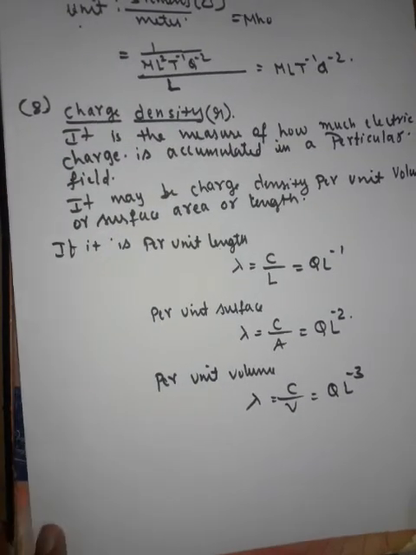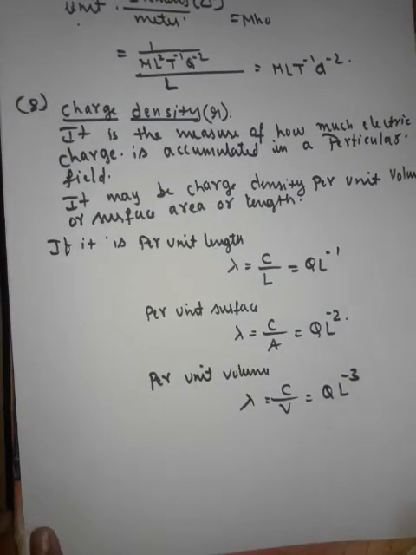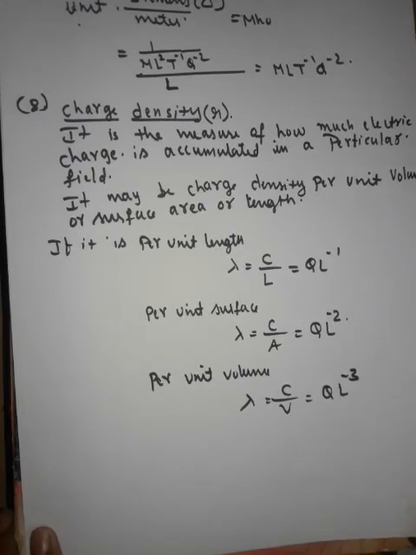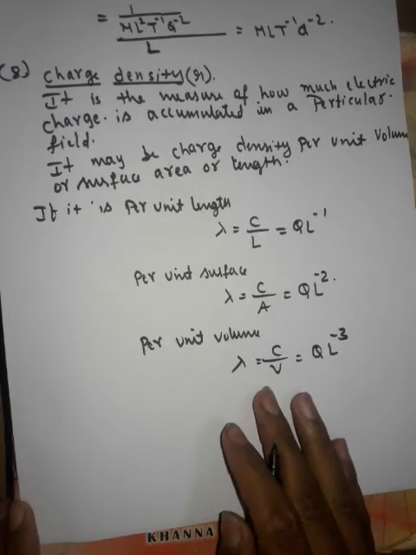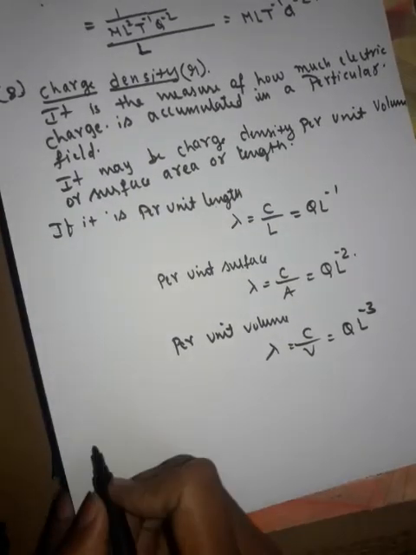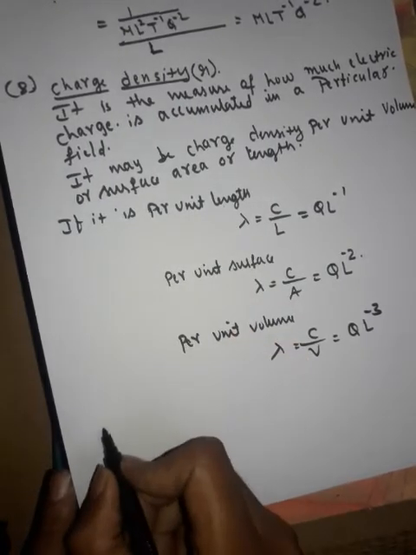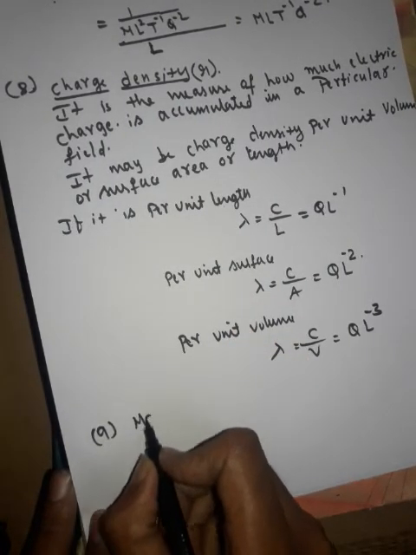Understood? Now we'll see the next property, that is magnetic field. Ninth one, that is magnetic field.